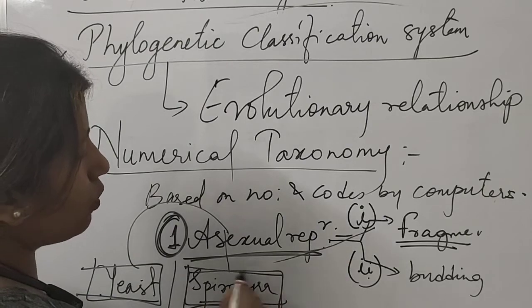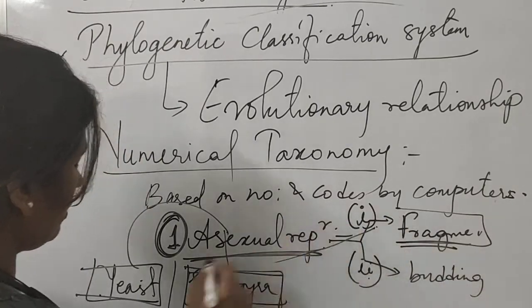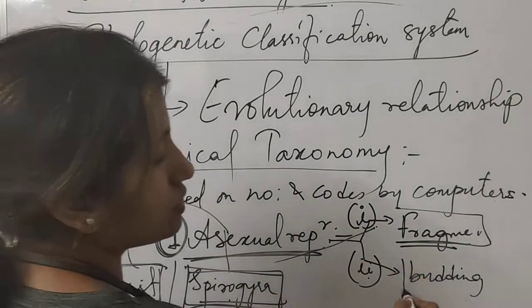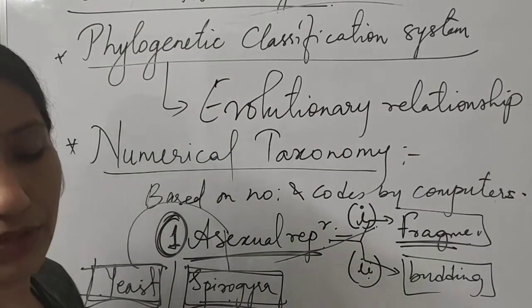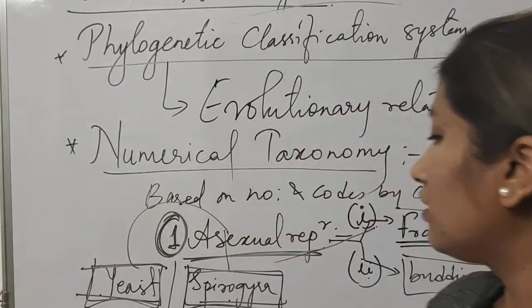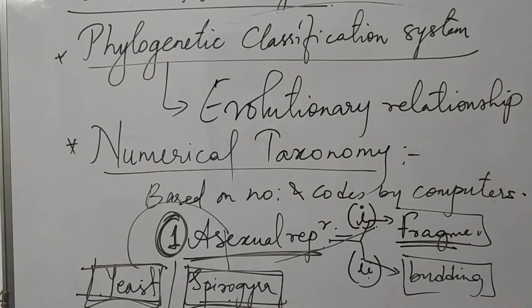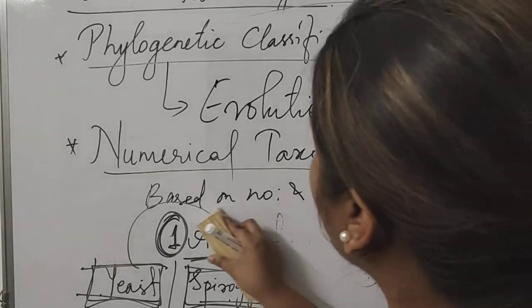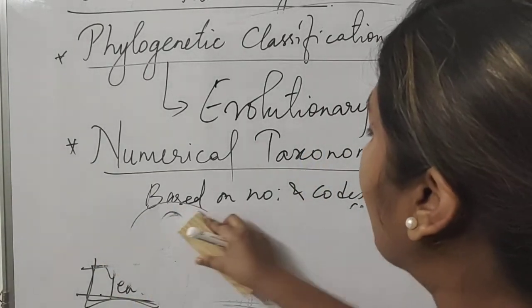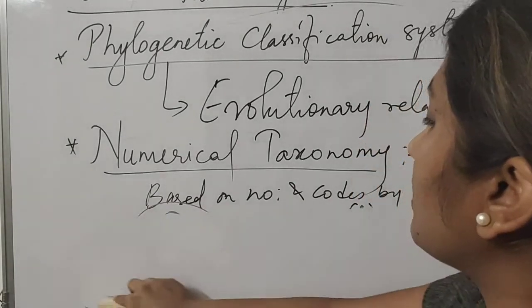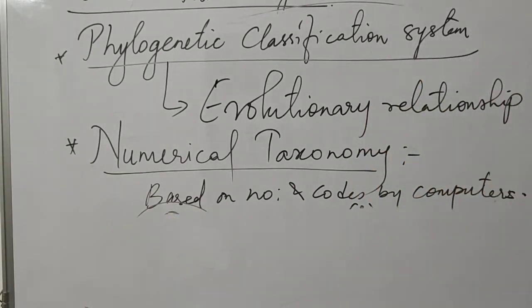Spirogyra's coding will be 1, they do fragmentation, and yeast do budding, so their coding will be different. In that way numbering and coding will help us to remove confusion, because there are so many characters and so many organisms.